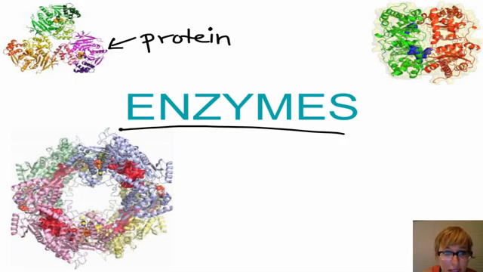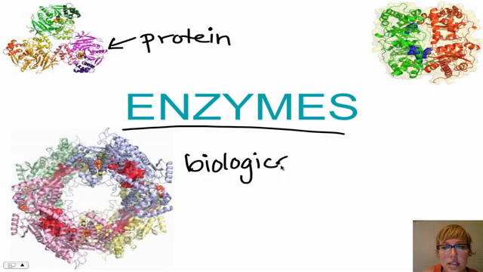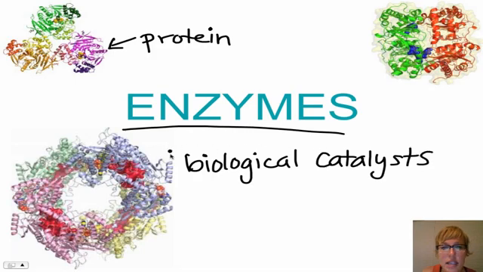Now, enzymes are crazy because life literally could not exist without them. You might have heard enzymes called biological catalysts. Put little quotes around that. So you might remember this word catalyst from chemistry class.